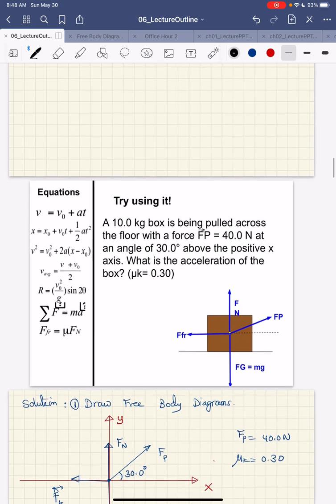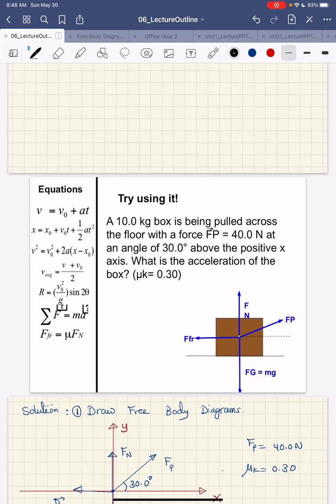Here, just to confirm your understanding, I will say normal is not always equal to mg. We added a force, and we are going to find what is really the normal.